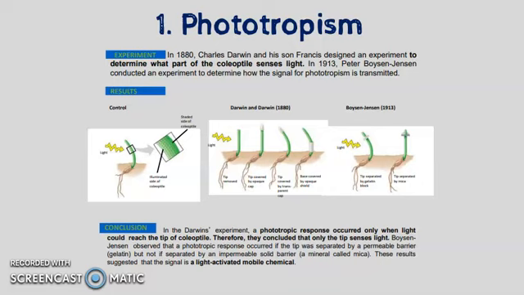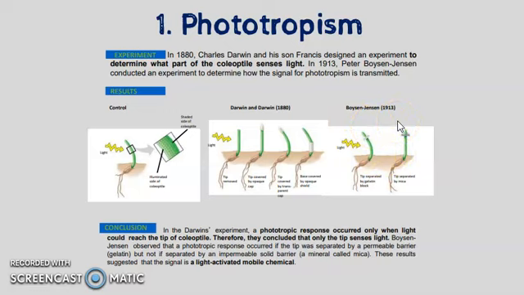The figure in this slide shows two experiments done by two groups of scientists on plant phototropism. The first experiment belongs to Darwin and his son in 1880, and this is another experiment done by Boysen Jensen in 1930.